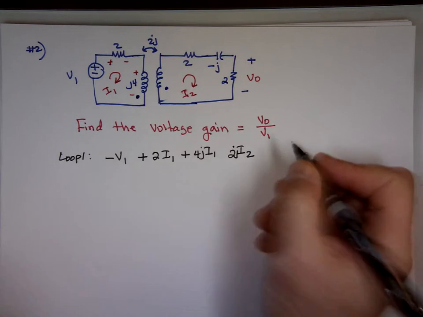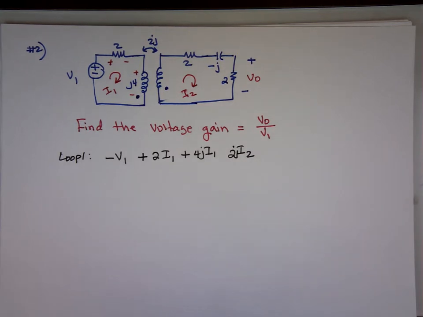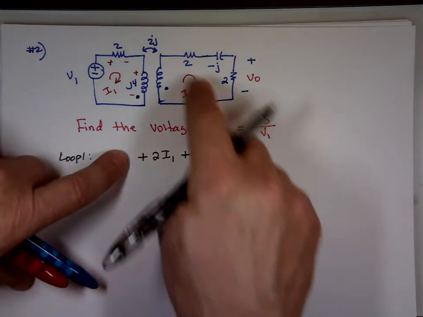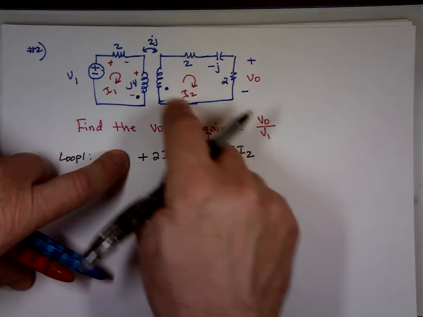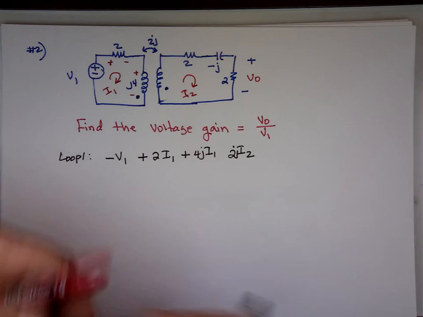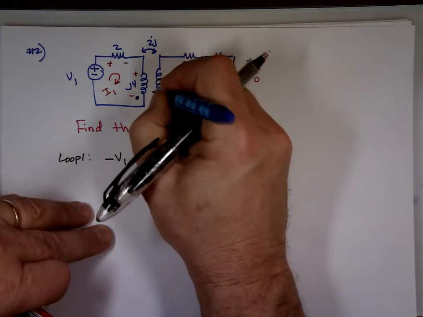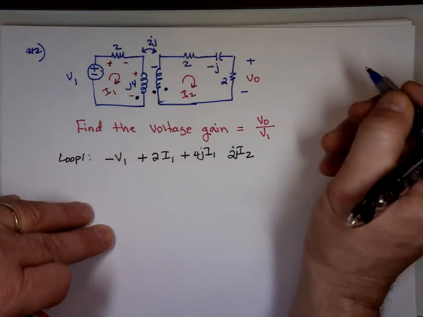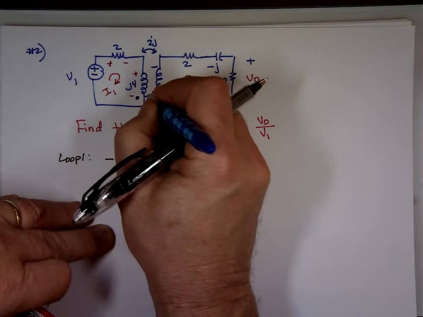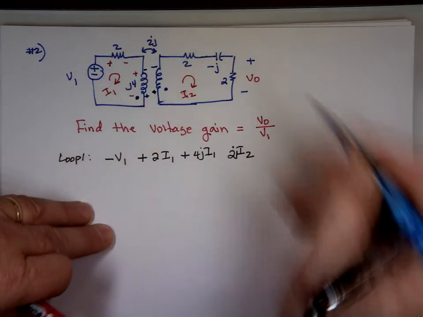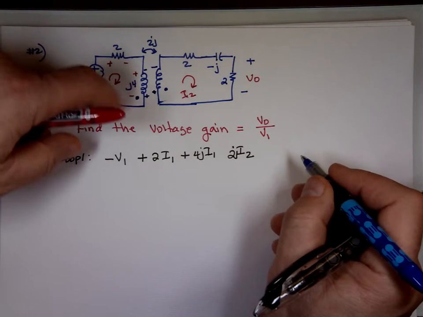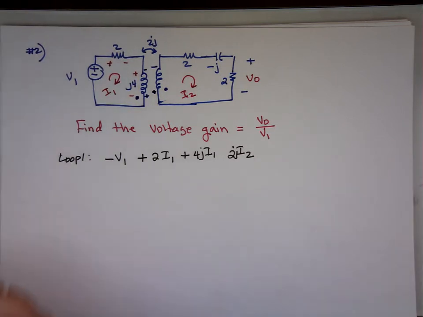And now the question, is it minus or positive? So we have to look and see. Now let's look at I sub 2. I sub 2 is going to enter the dot. It's going to mark the dot positive, this end negative. Which means the dot here will be positive, this end will be negative. Is that the same direction I was going or backward? It looks like it's backward.